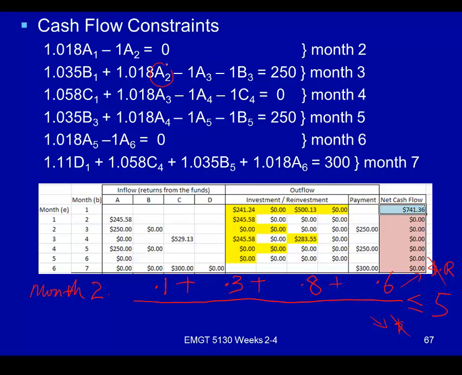So A2 is in month 2. A common mistake people may make is that since we're not making new investments in B or C or D, people kind of forget there is still money in B, C, D, because after we invested in B, C, D in the first month, the money stays there. They are not mature yet. So that means in month 2, we still have money in B1, C1, and D1.